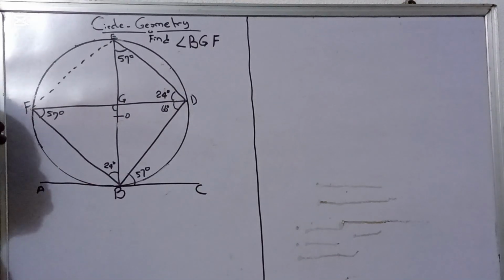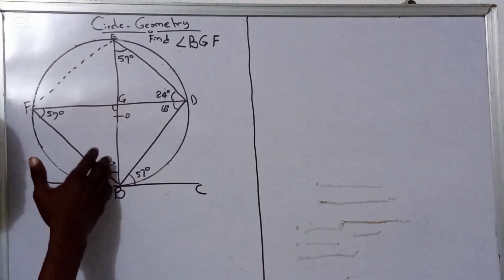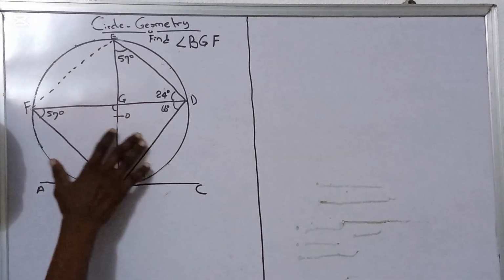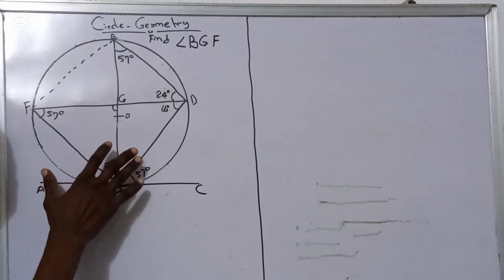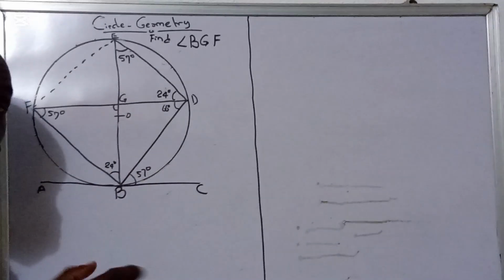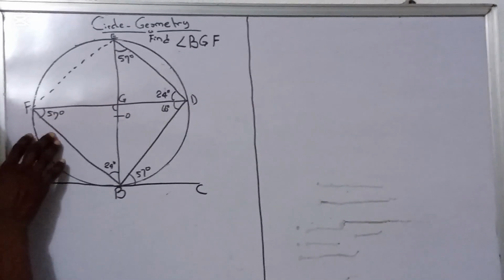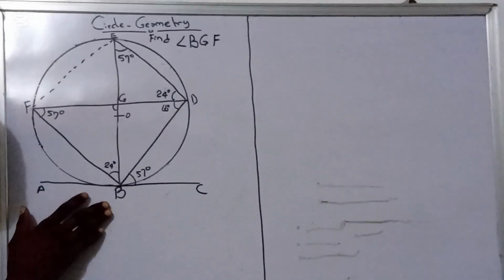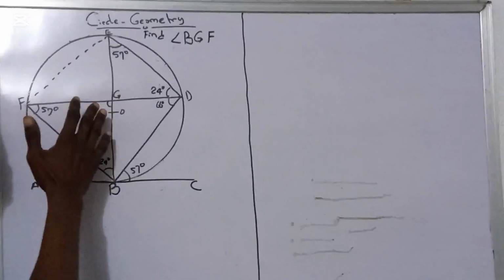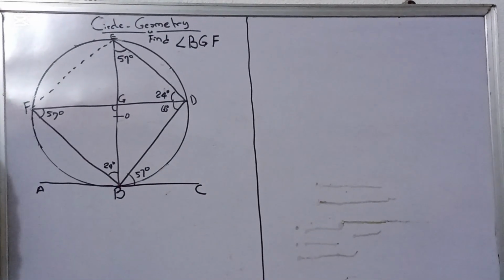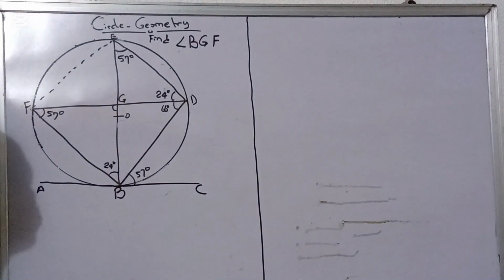Looking at the old shape you have here, if you remember, angle F and angle B with angle G are forming the sum of angles in a triangle.